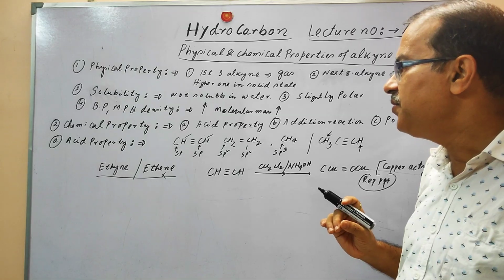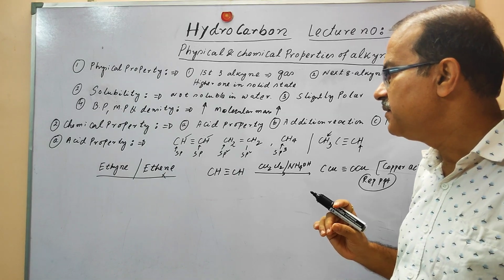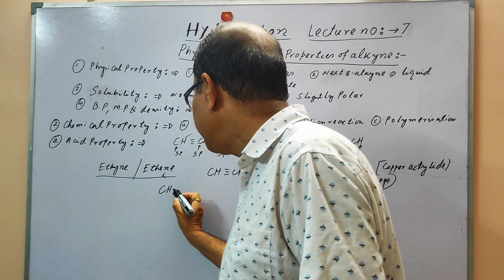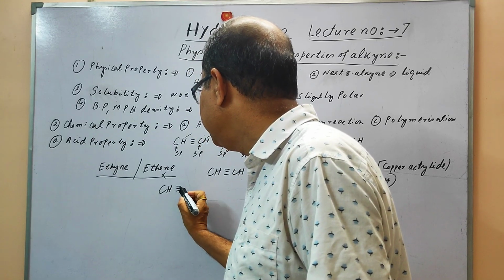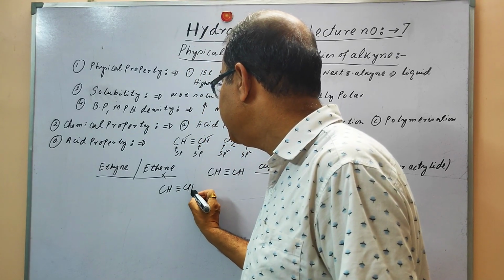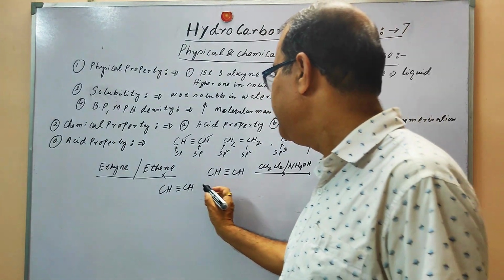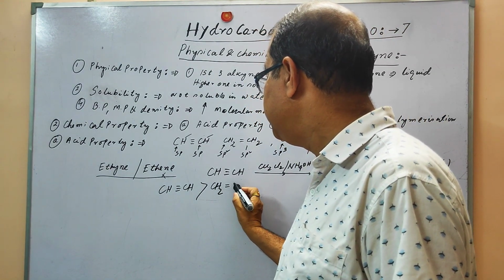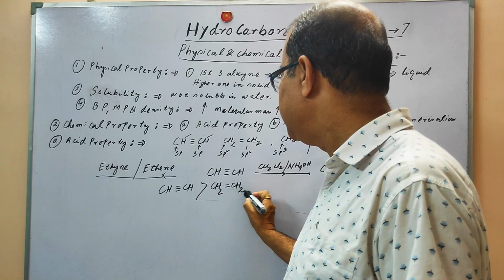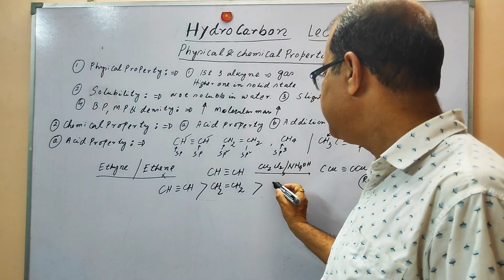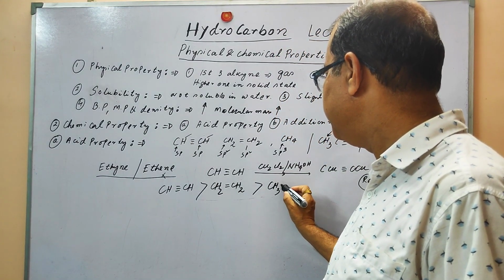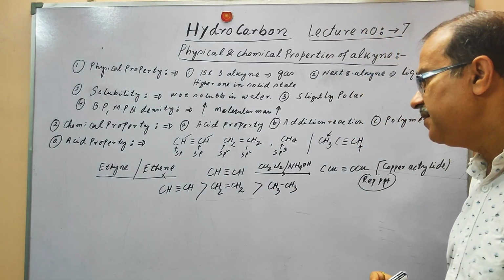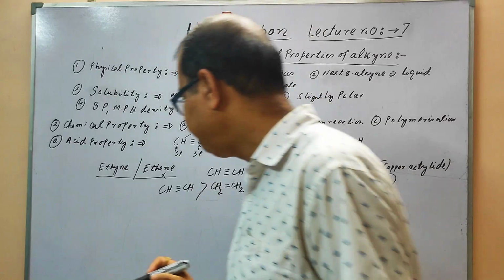Now if we want to make an order of acidic property, ethyne will be more acidic than ethene, and that is more than ethane. Now one question arises.